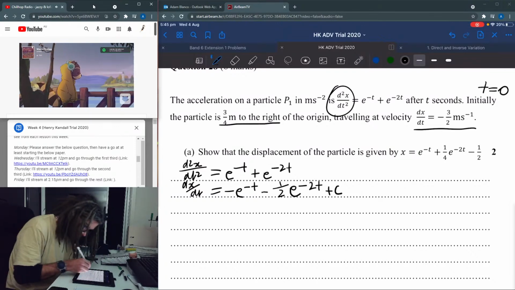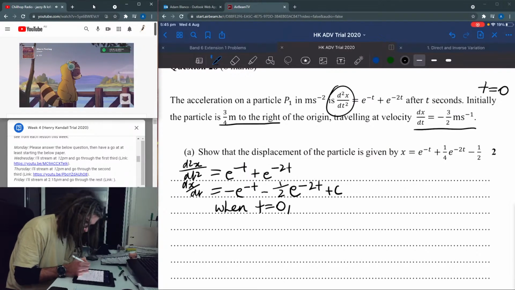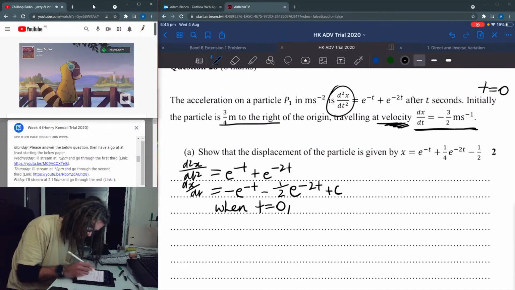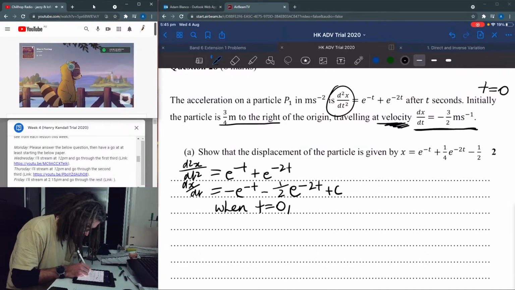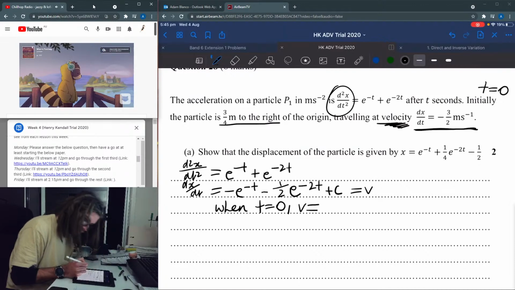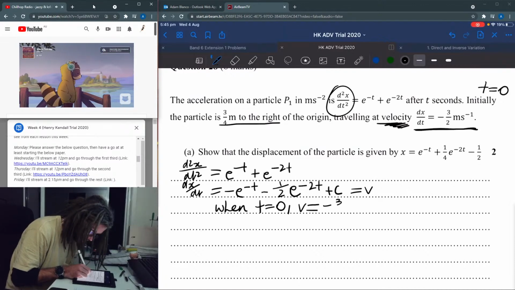Initial condition. So when time is 0, initially, the particle is traveling at a velocity of this. You could call this v. V is equal to minus 3 on 2.